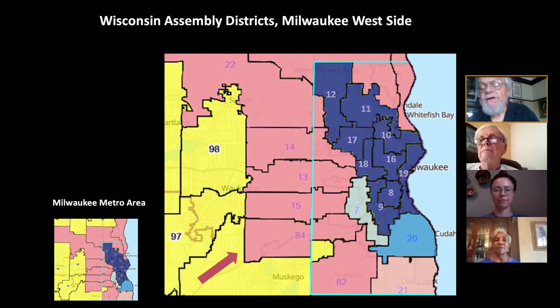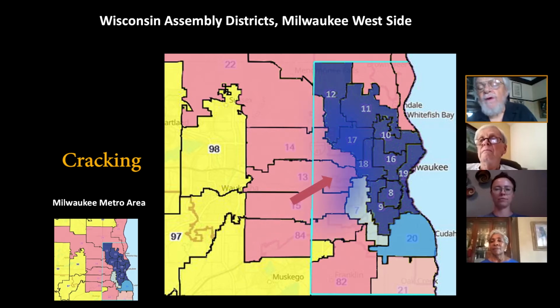The strategy here, and it's called cracking, is basically to move into Milwaukee County and take a bunch of Democratic votes and then move the district west into highly Republican areas of Waukesha County so that there's enough Republican votes to make that seat safely Republican. The net effect is to basically negate or waste, we say, the vote of the Democratic votes in the west side of Milwaukee.